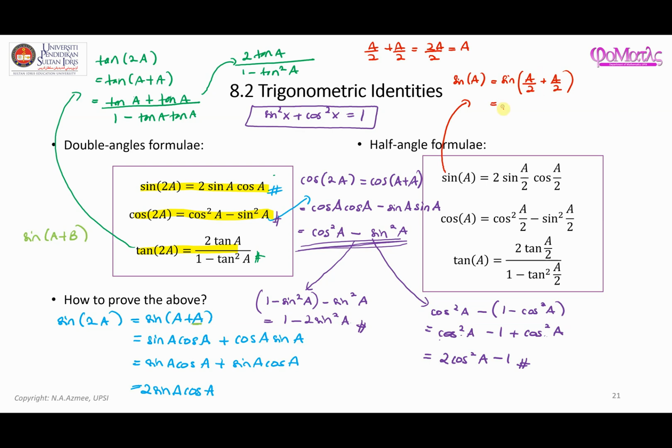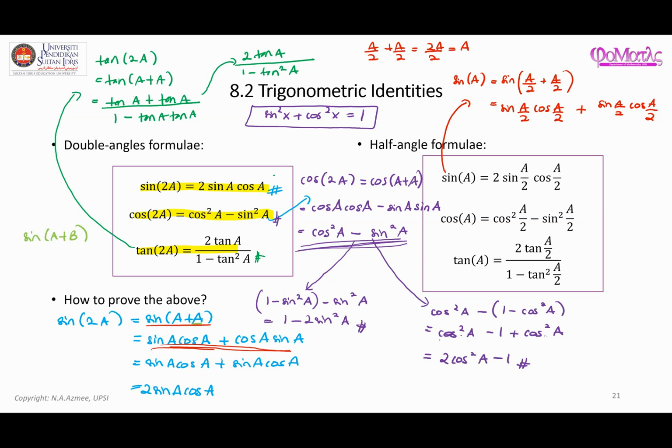You can write down as sine A over 2 cos A over 2 plus sine A over 2 cos A over 2, similar to what you have seen over here. We're just following the same idea.